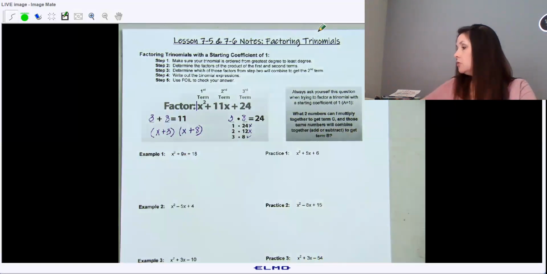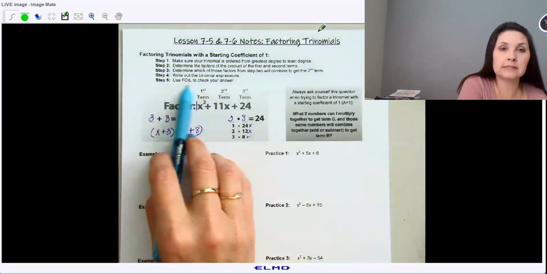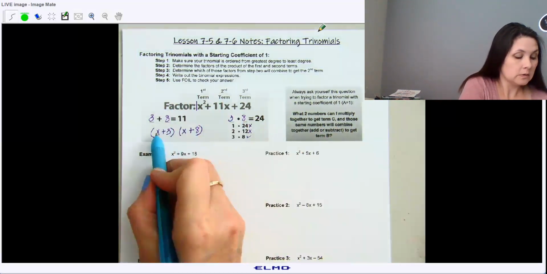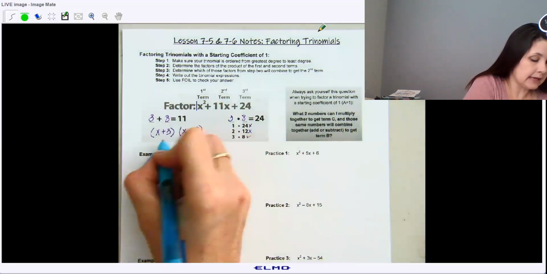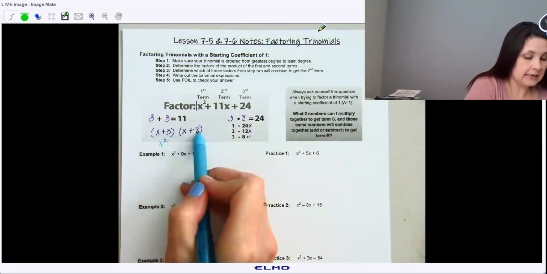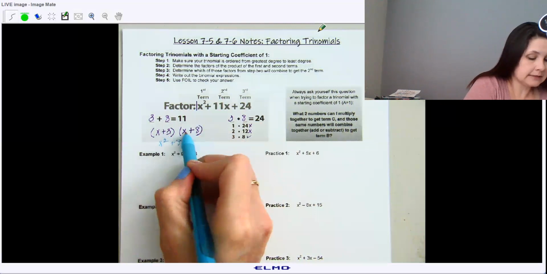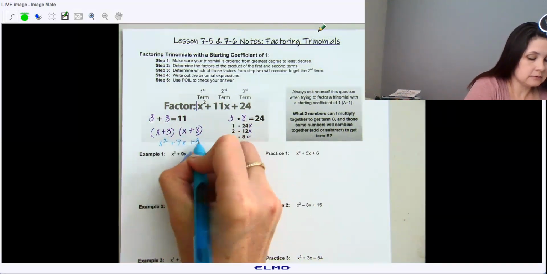The way that you can double check and make sure that you factored it correctly is to use the FOIL method, which is our last step to check your answer. So x times x is x squared. x times 8 is 8x. 3 times x is 3x.